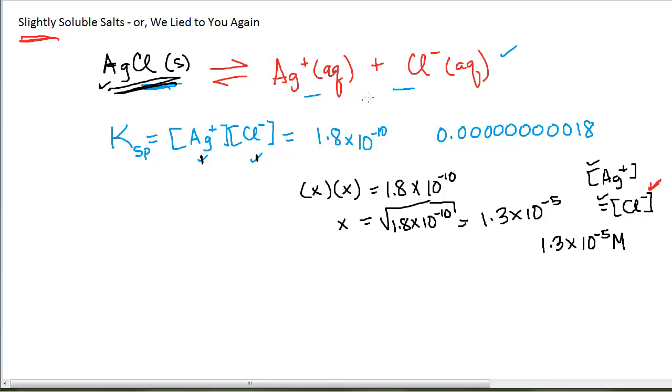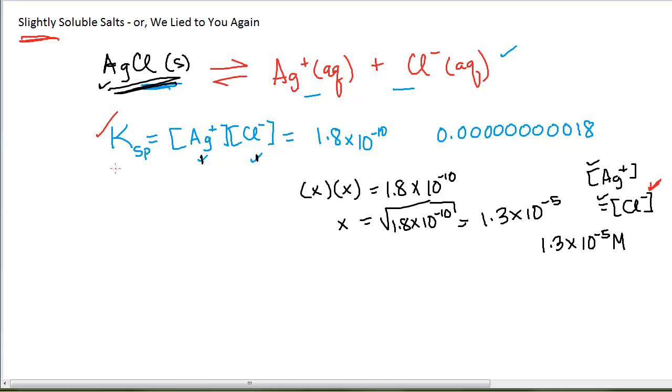And so we can write this equilibrium expression for all insoluble substances. We have tables of their solubility product constants, which are the equilibrium constants for these particular equilibrium reactions. And those numerical values then can be used to determine what the solubility is.